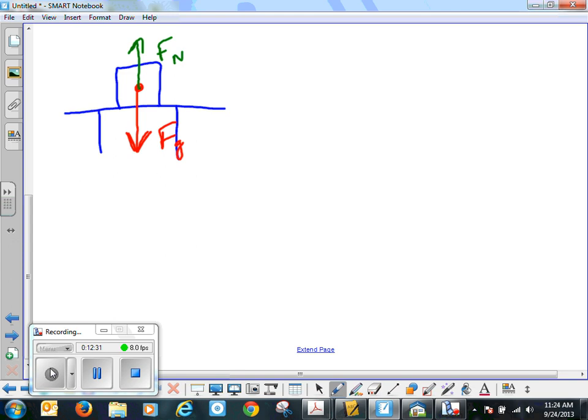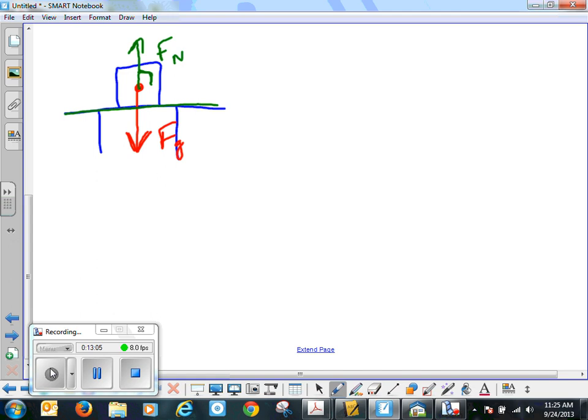That's like an old framing term from thousands of years ago. If something was normal, it means it's perpendicular to the surface. So here's the surface, and the normal has to be perpendicular to that surface. The other definition is the amount of force that the surface applies to the object in order for the object not to fall through the surface.